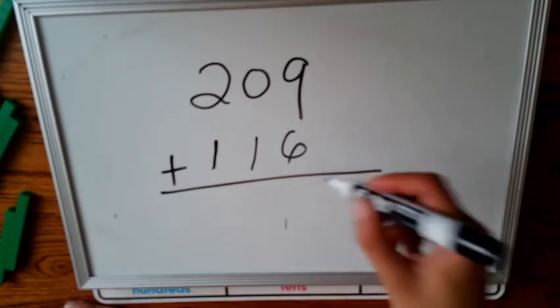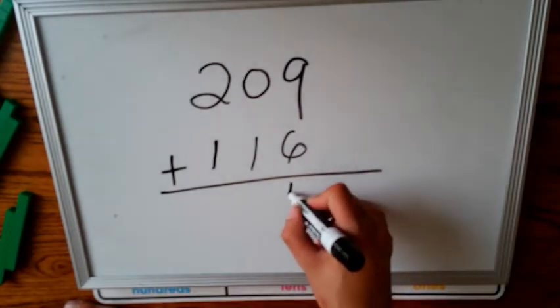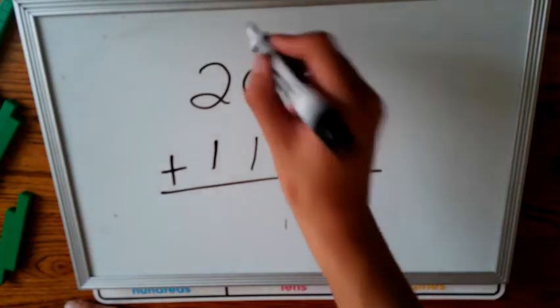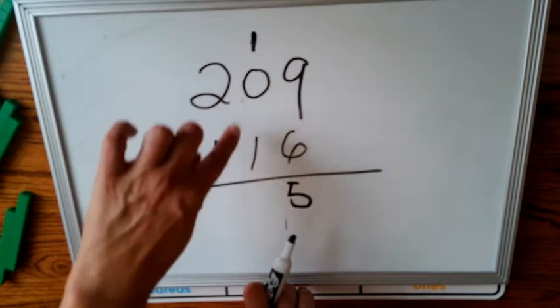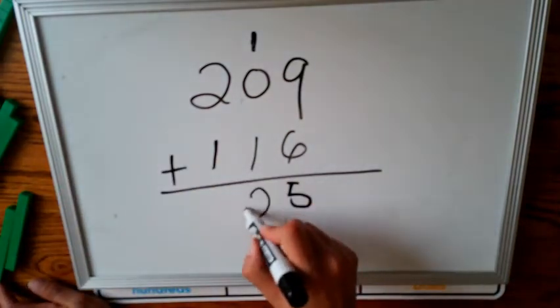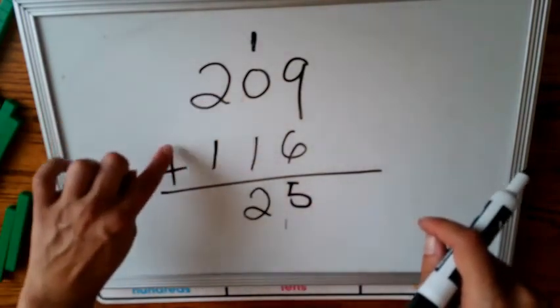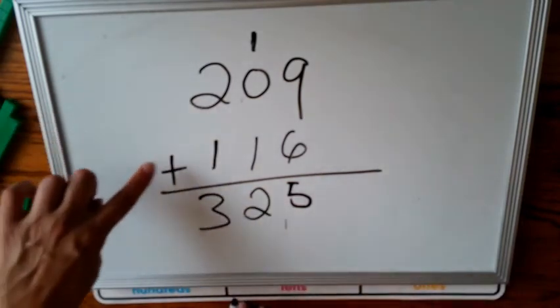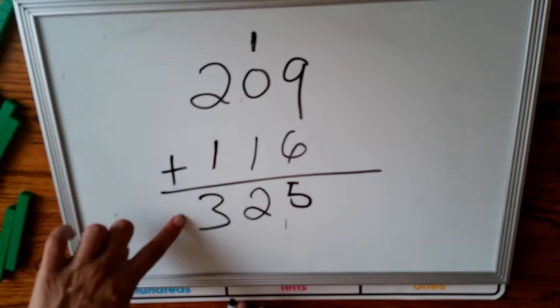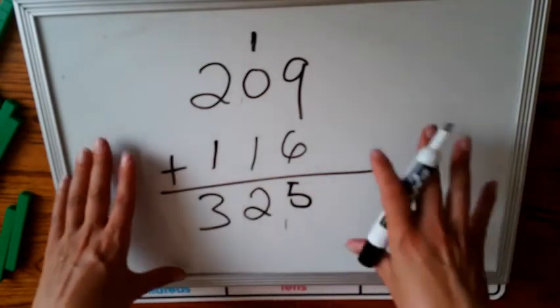So 9 plus 6 equals 15. 1 plus 0 is 1, and 1 plus 1 is 2, and 2 plus 1 equals 3. So 209 plus 116 equals 325. Nice job, boys and girls.